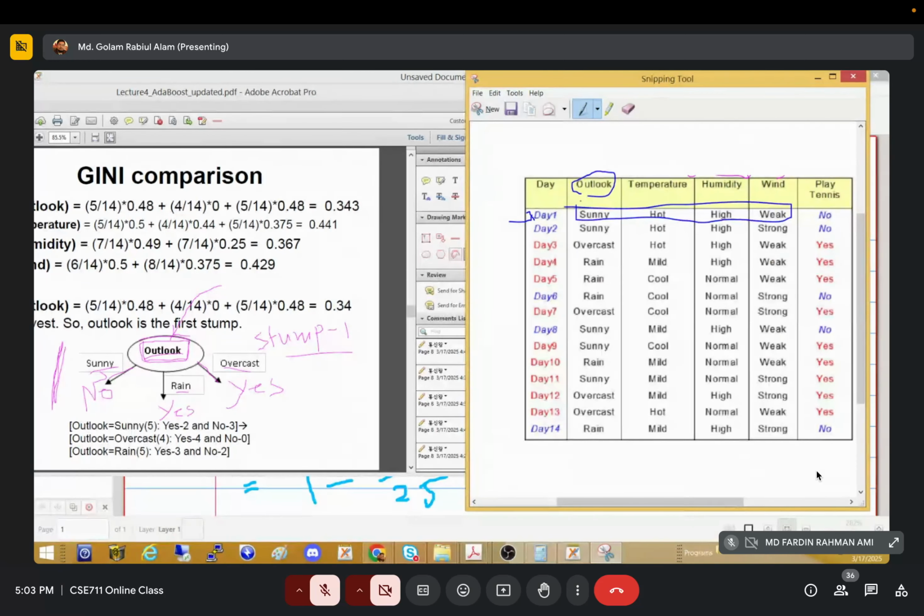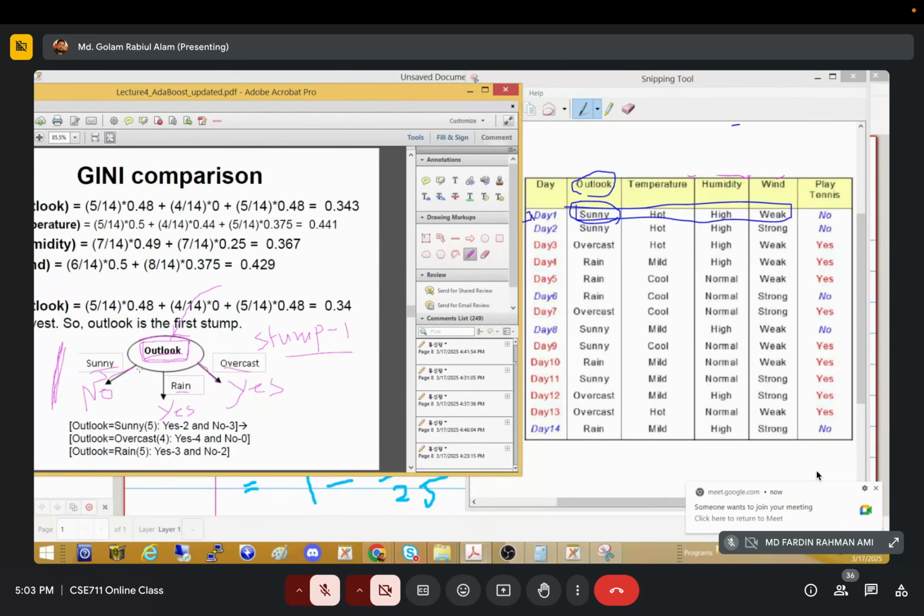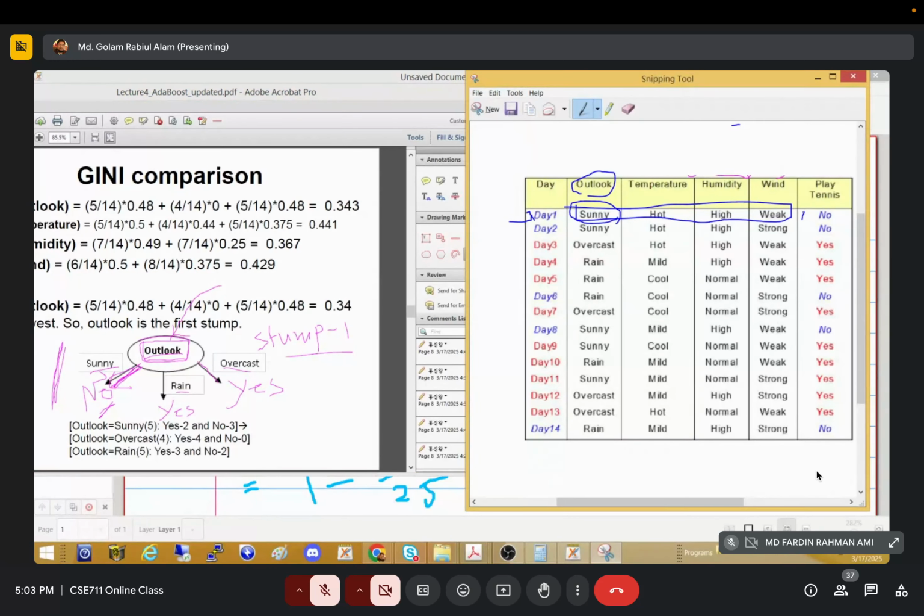So if outlook is sunny, then the decision here is no. If outlook is sunny, then the decision is no. So we have to write here no. This is our no, that is N. N is no.